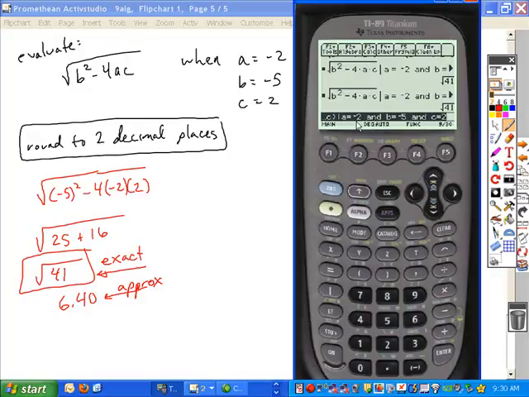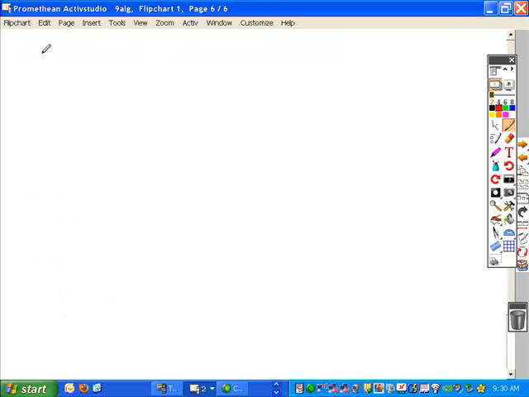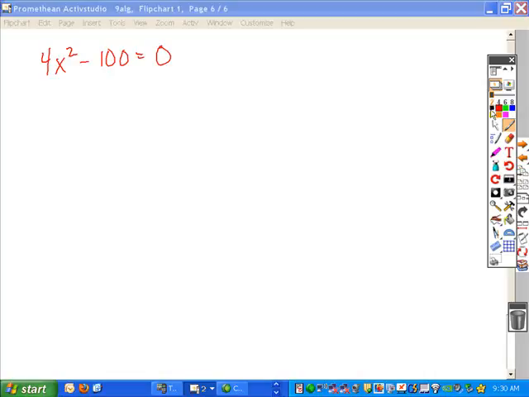All right, the last thing that I wanted to talk about here is if you were asked to solve an equation involving the square root. This process is referred to as extracting a square root.